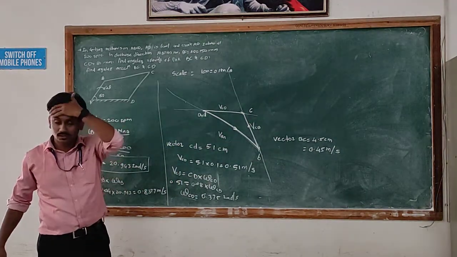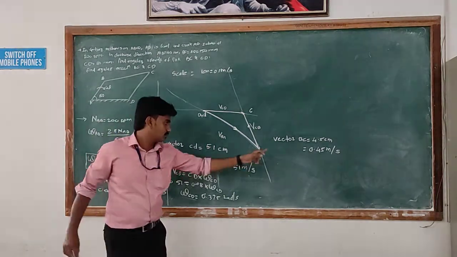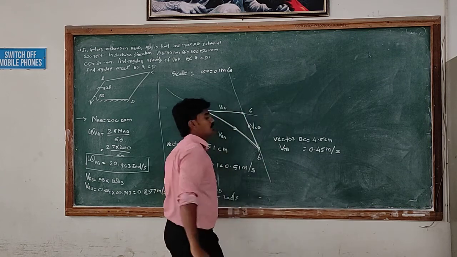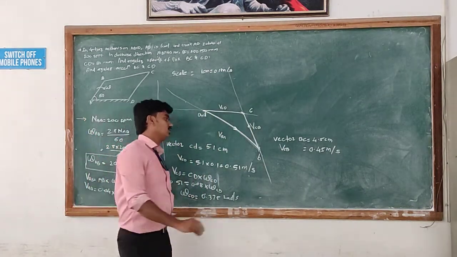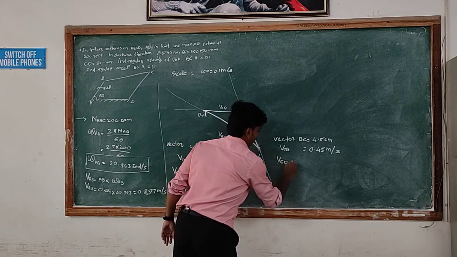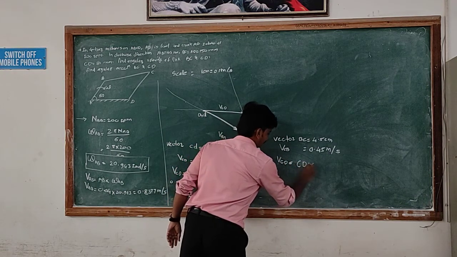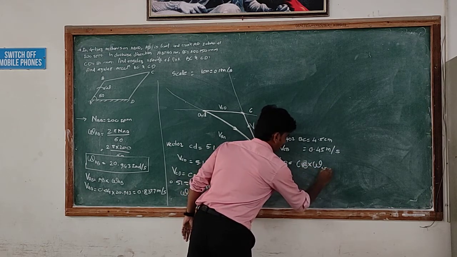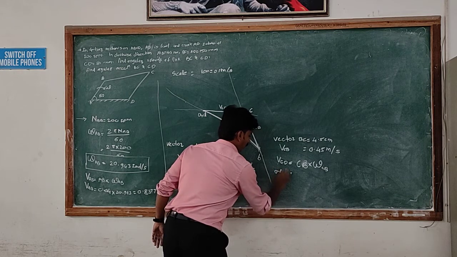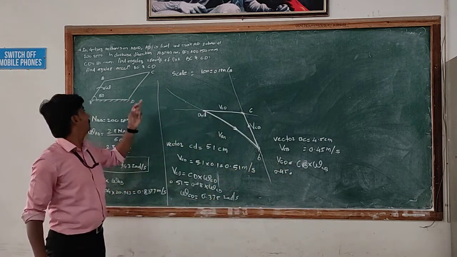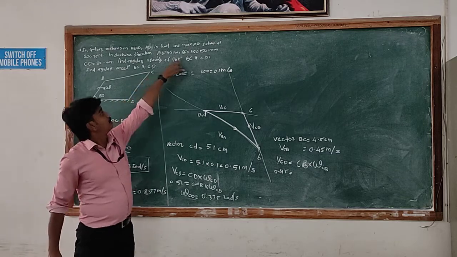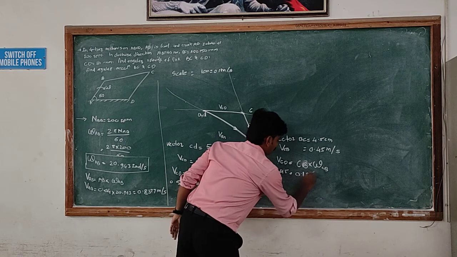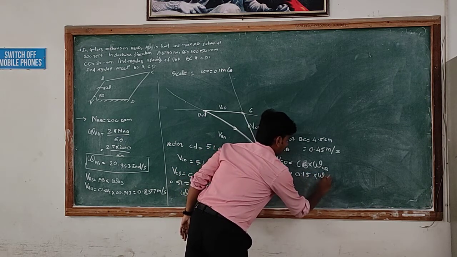By using this, the velocity of point C with respect to B, we have to find out the angular velocity. So linear velocity is equal to distance BC into angular velocity of the link. 0.45, the length of the link BC is 150 mm, converted into meter, that is 0.15 meter into angular velocity of the link BC.